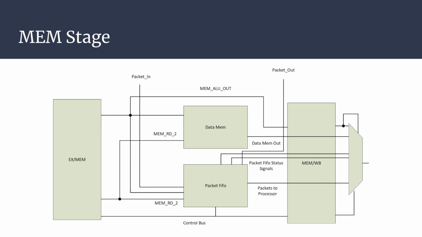Once the packet is loaded into the packet FIFO, the processor actually has the ability to access any 64-bit word within the FIFO. So it acts just like memory. We also took advantage of the FPGA's block RAM, which is why we don't pipeline the output signals of the block RAM when they go to the WB stage.